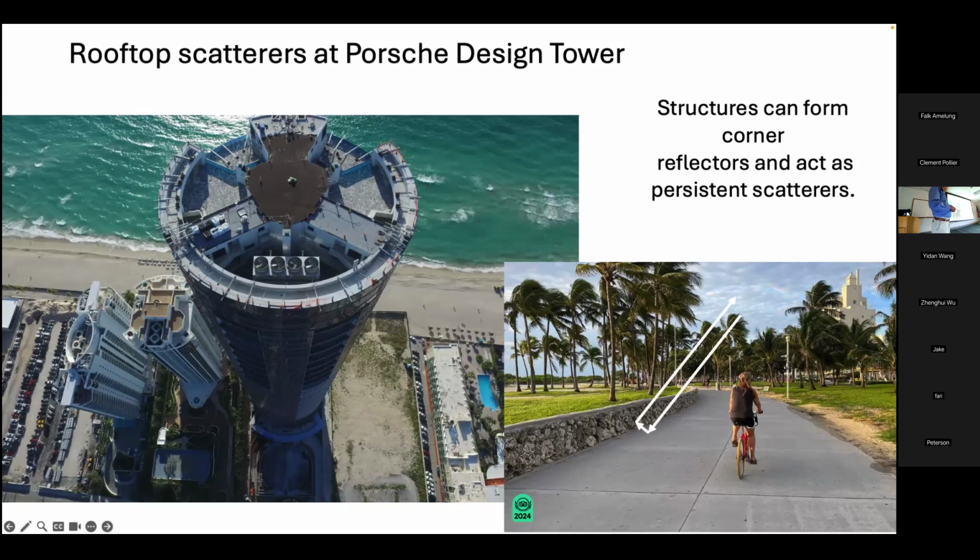Similar for balconies. If you have a balcony which is perpendicular to the look direction of the satellite, then we may get some signals, or at boardwalks or something like this. So you're doing your morning jog in Miami Beach, and the satellite might be watching you.